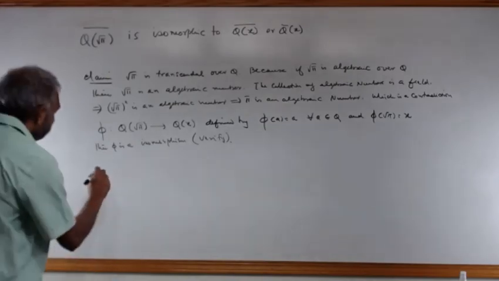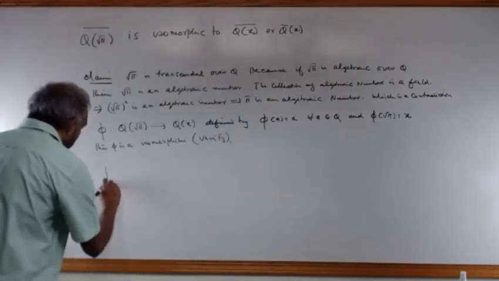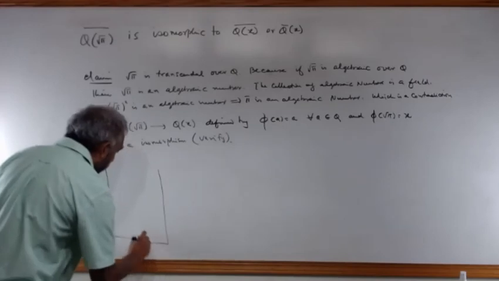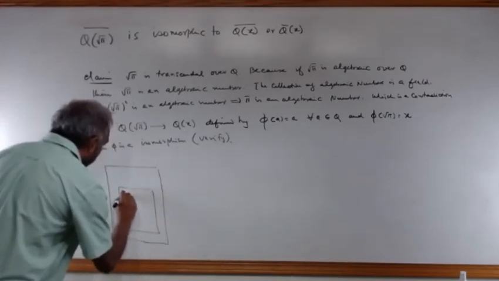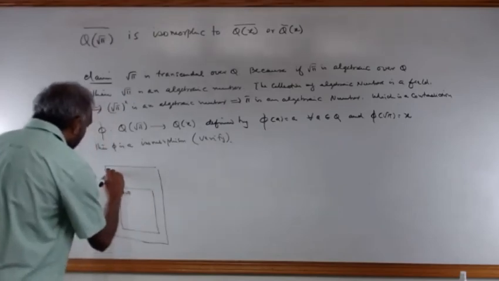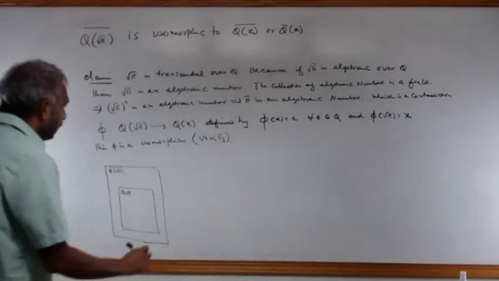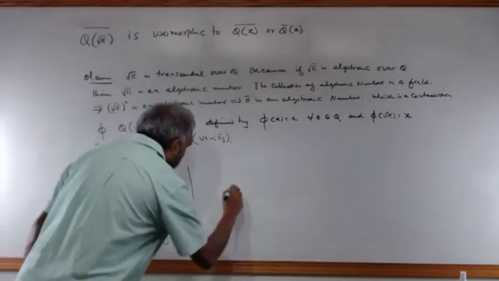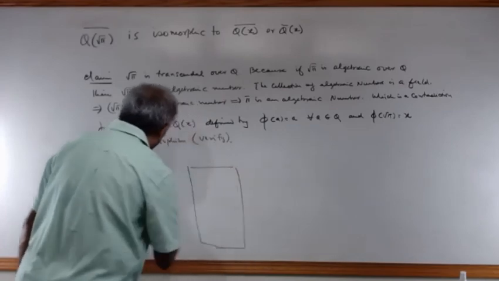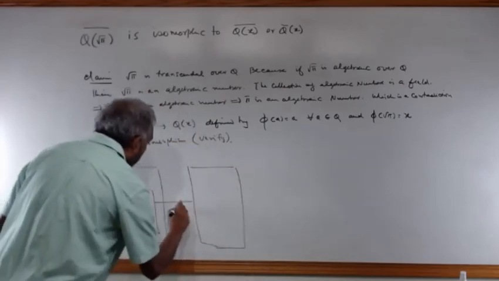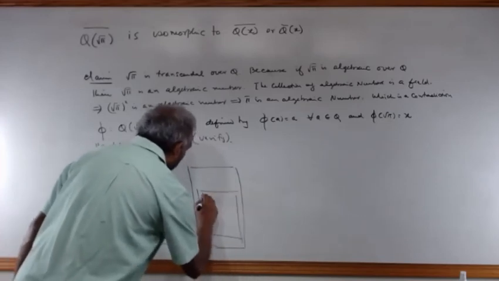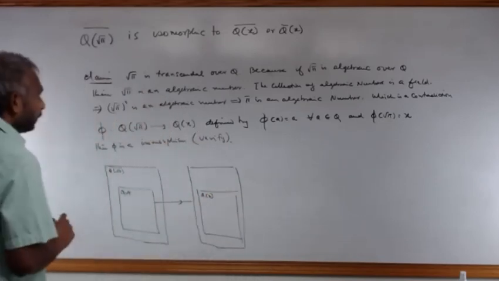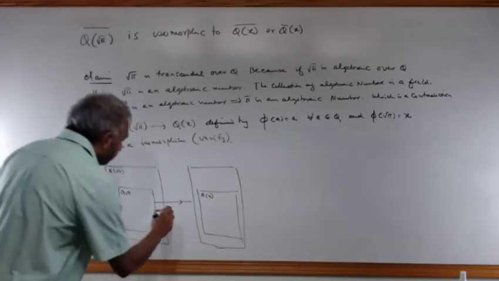Now we have Q of root pi here and Q of root pi closure here, and there is a map from here to Q of x, and that is our phi.